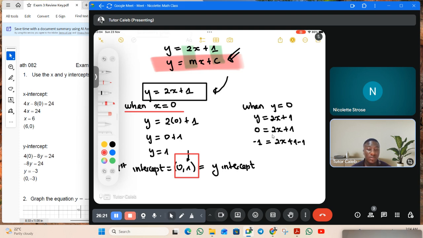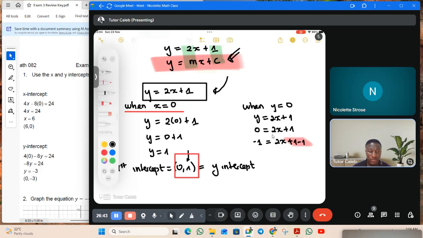Then you can divide both sides by 2. You're going to have minus 1 divided by 2 equals 2x divided by 2.